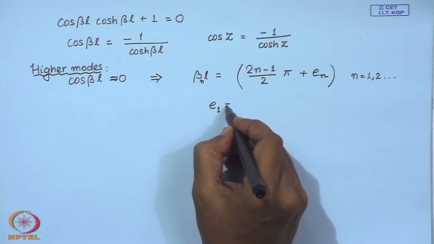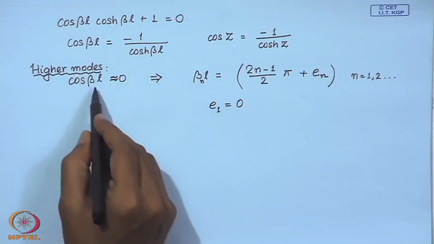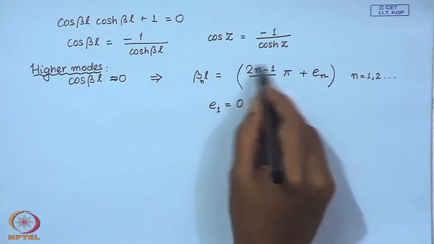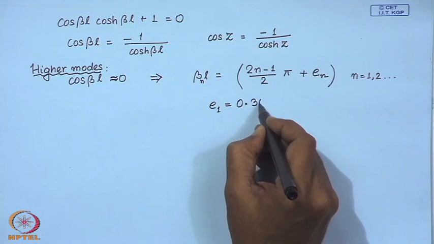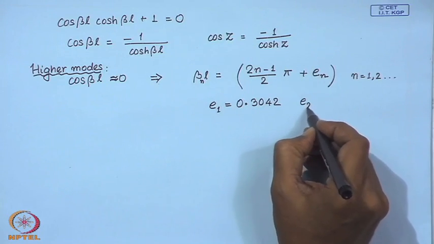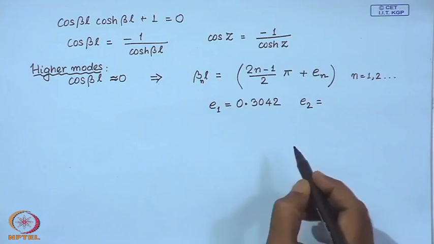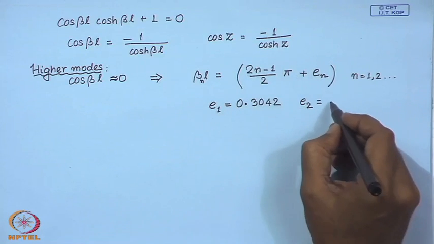let us say E 1 is, if you calculate the first solution of this characteristic equation, then it will deviate from this value by this amount. If you calculate for the second mode, so beta 2 L, then it deviates from this value.